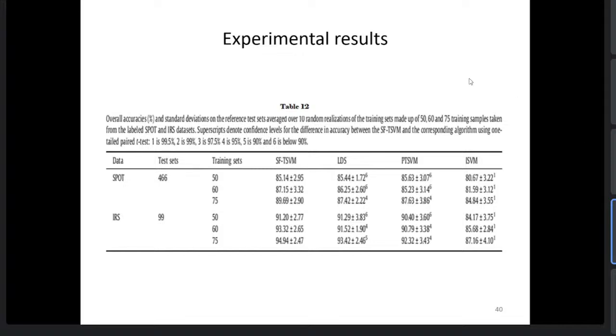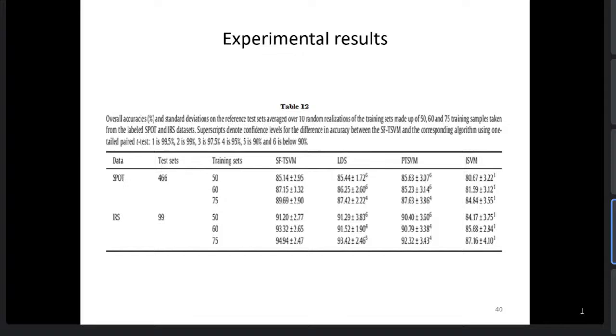That is, the result is statistically confident that this SFTSBM is better than conventional SBM. When you compare with the PTSBM, the confidence level is 6 because the accuracy difference is almost similar, 85.14 and 85.63. If you study the t-test, you will understand what the confidence level is.